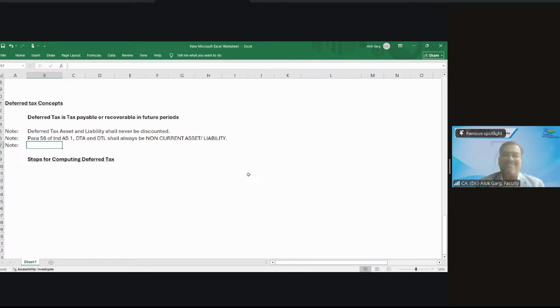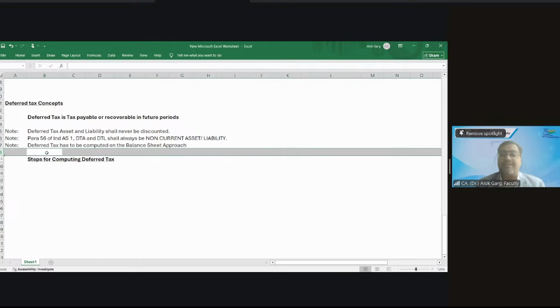Note: deferred tax has to be computed on the balance sheet approach. Have you heard about the balance sheet approach?